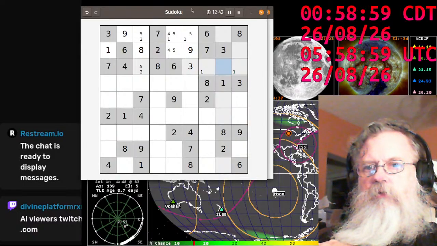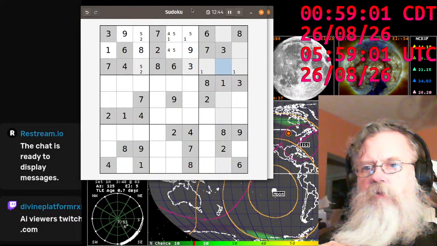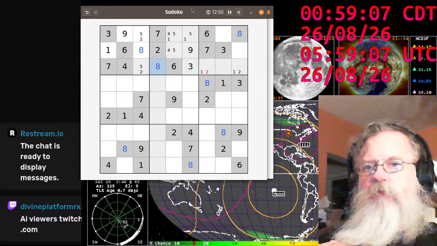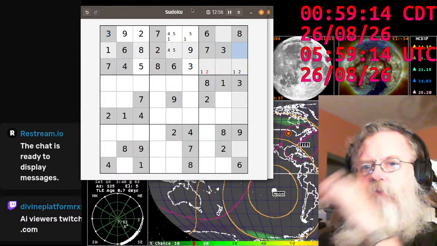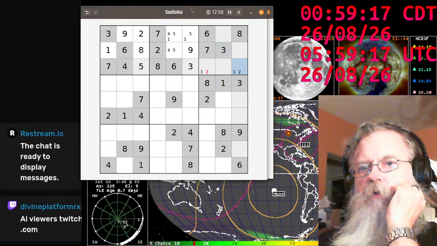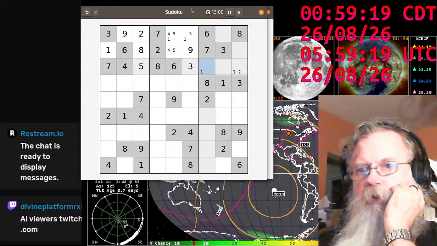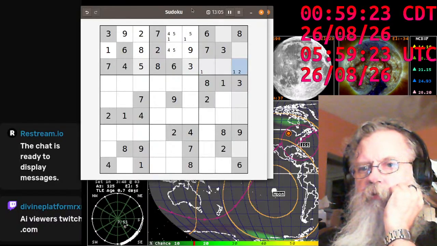How about a 2? Well, these two can't be a 2. This one can't be a 2, so 2 possibilities for a 2, which means this is a 5 and this is a 2. That can't be a 2. This is a 2.